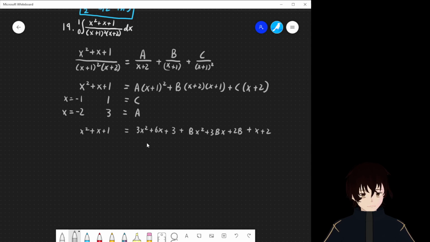Move that over. That's 3x squared plus 7x plus 5. So x squared plus x plus 1 is equal to that, plus bx squared plus 3bx plus 2b. Subtract, that's -2, -6, -4. So b is equal to -2.